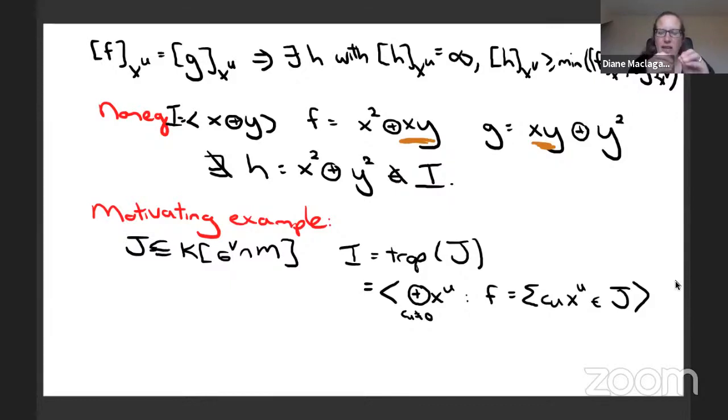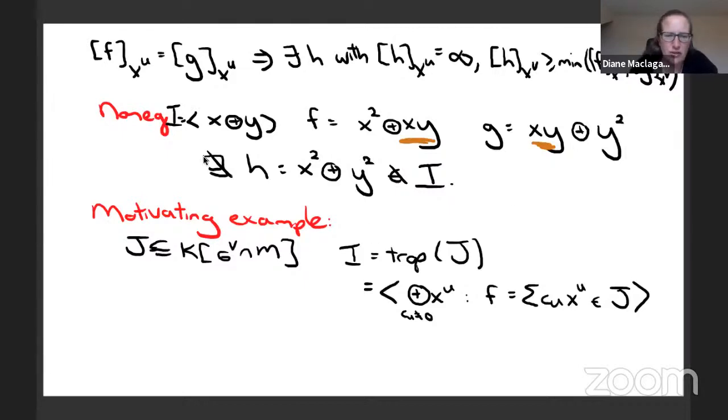Their coefficients for xy are the same, but there's no polynomial in the ideal that gets rid of the xy term and has coefficients of x squared and y squared that are the minimum, because they're different. So that would mean it would have to be the polynomial x squared plus y squared in the ideal.